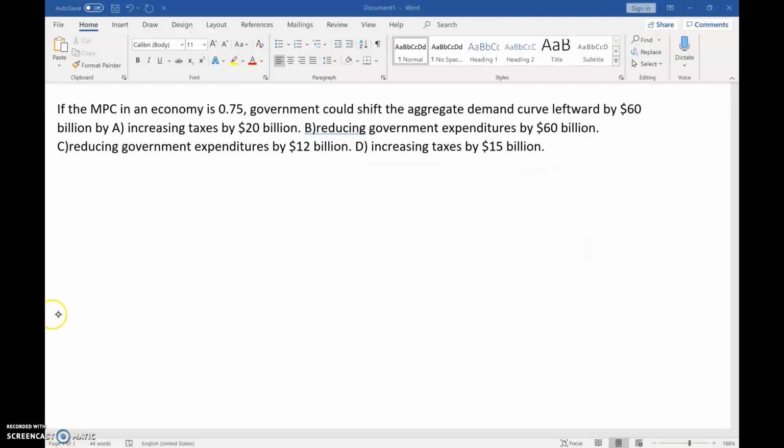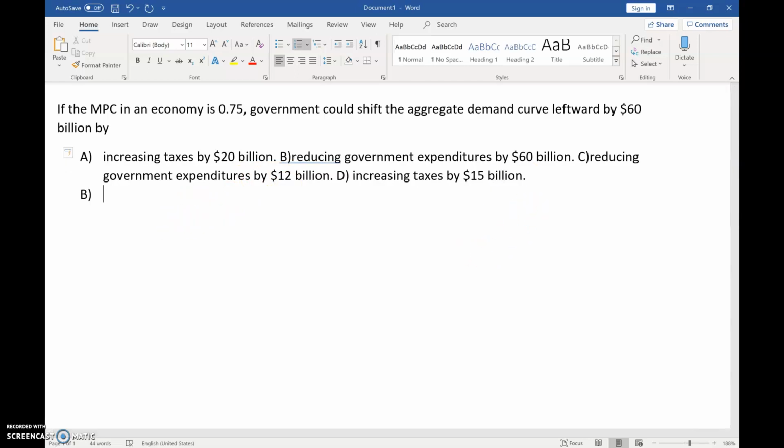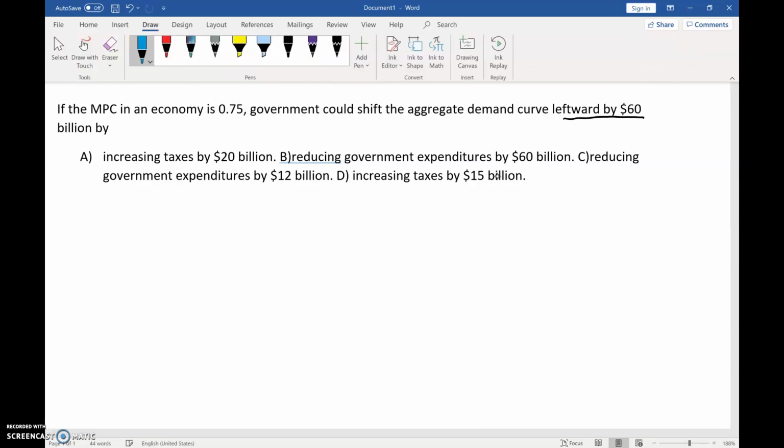Okay, so we are in this question and I'm trying to show this to you using this MS Word file, and that's going to make this easier for us. So this is the question here where we have to shift the aggregate demand leftward by 60 billion. So that means the total shift is going to be equal to this 60 billion.